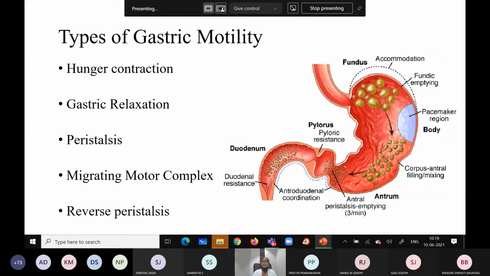Whatever we ingest, it may be liquid or solid, so we take a variety of consistencies of food. But in the stomach, because of these pyloric antral peristaltic movements, everything will become semi-solid or liquid form and combine with the gastric juice. Starting out, the pyloric sphincter will be closed.